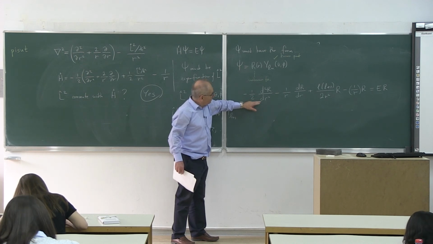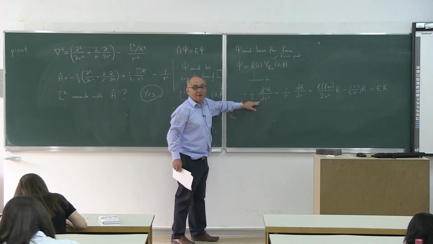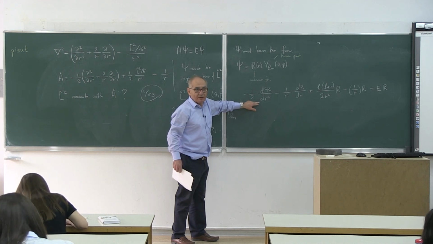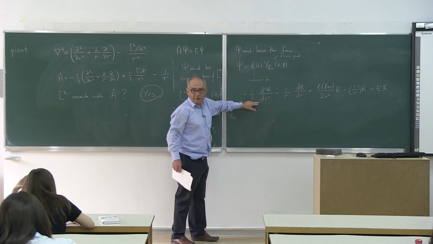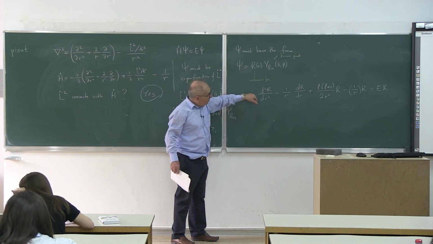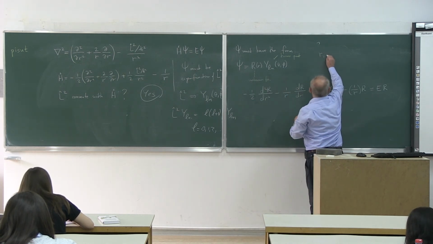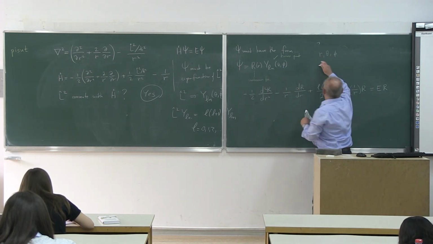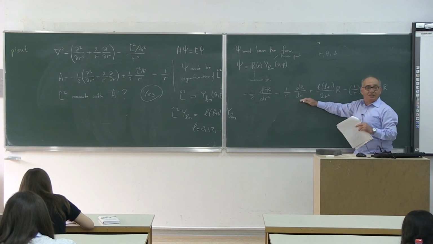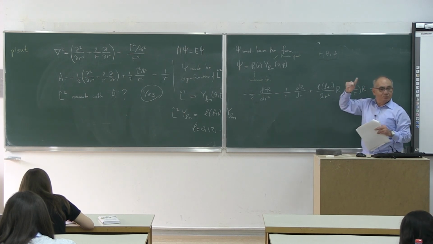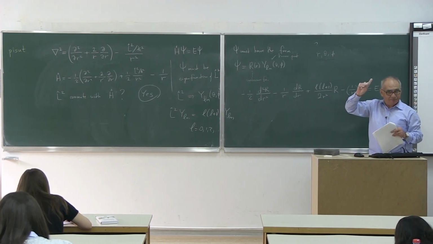And in this problem, how many independent variables do you see? Our variables are R, theta, phi. How many of these variables do you see in this expression? Only one of them. Which one? The R variable.